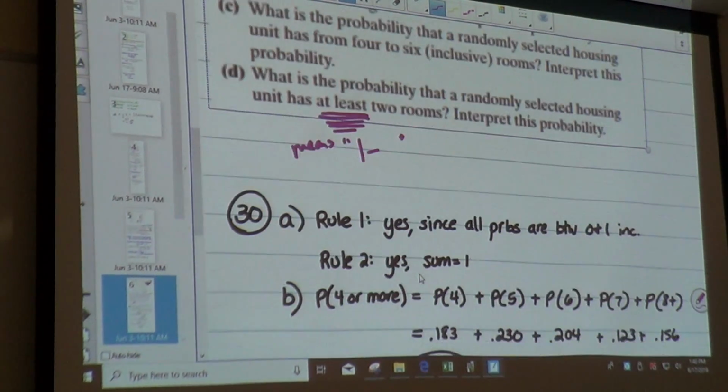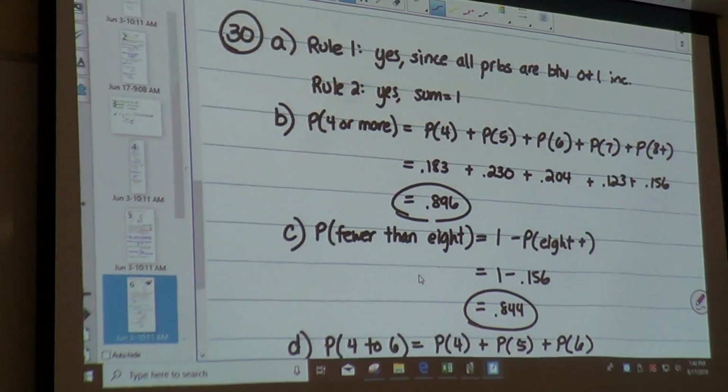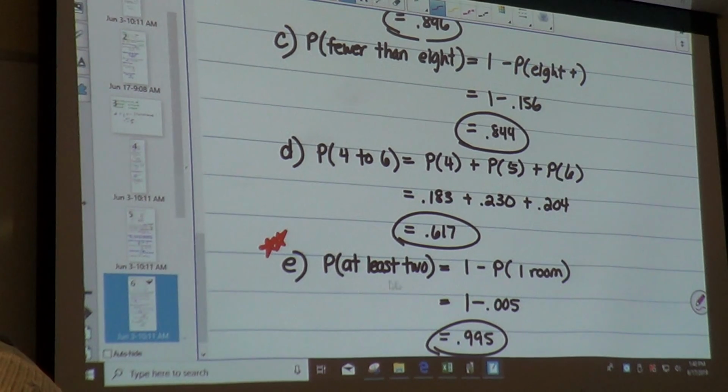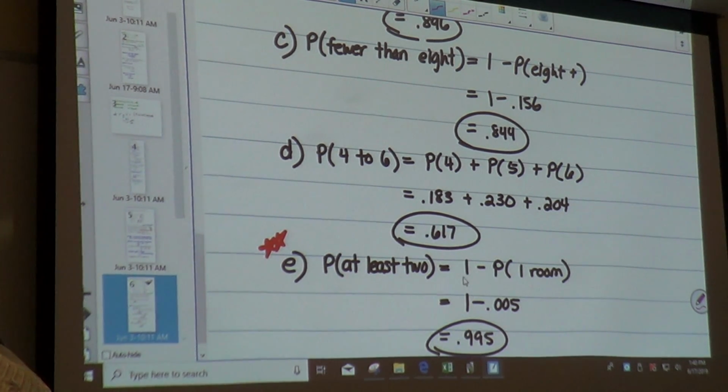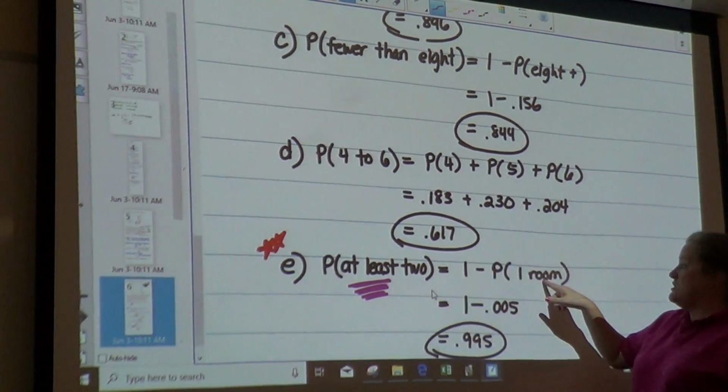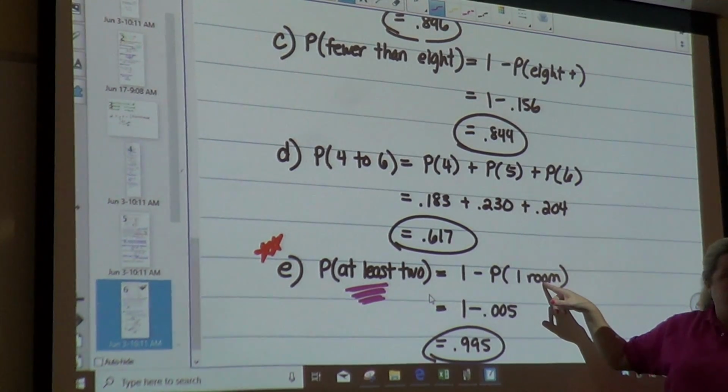So I'm gonna come down here and show you. At least 2 rooms. I always do 1 minus. It never fails when you hear at least. Always do that 1 minus. It'll always work. You want at least 2 rooms, so the only thing that you don't want is 1 room.